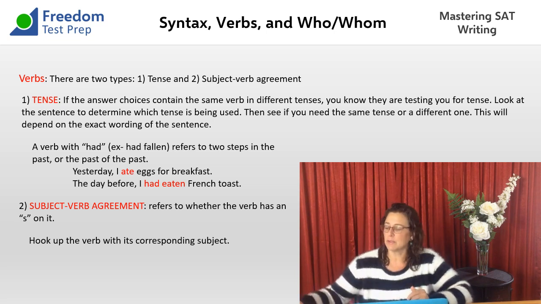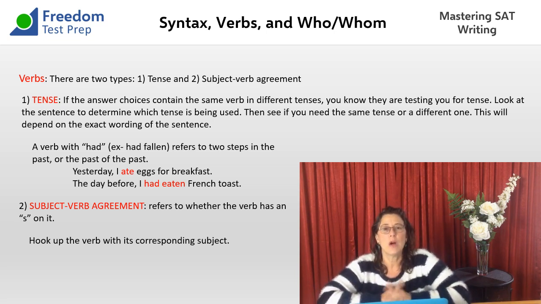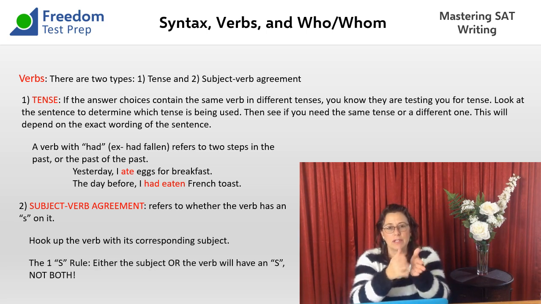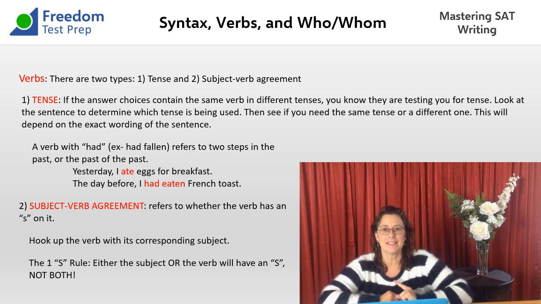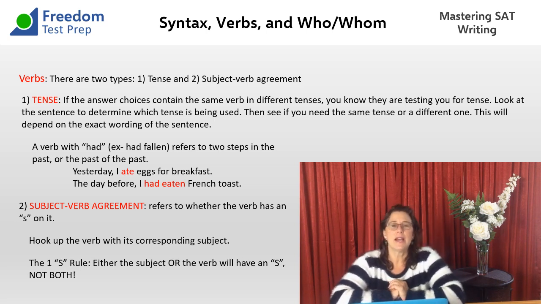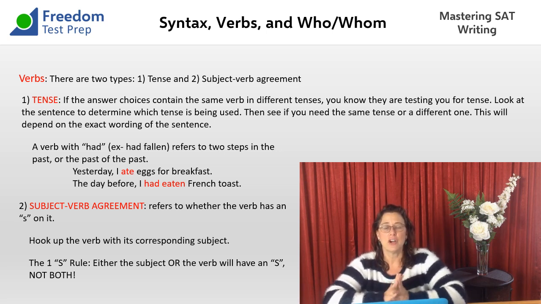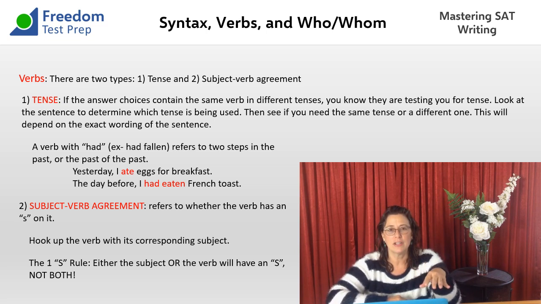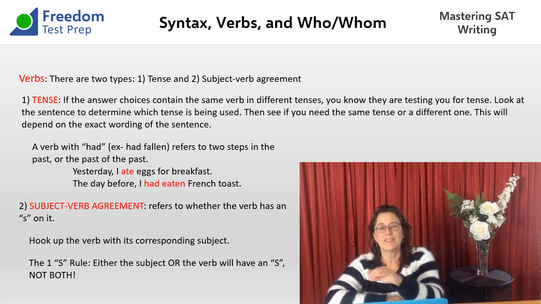And I want to teach you a little rule, actually. It's called the 1S rule. So when you have a verb and a subject that goes with that verb, only one of them gets an S. So if you have a sentence that says, the dog barks, we have a singular dog and a bark with an S on it.